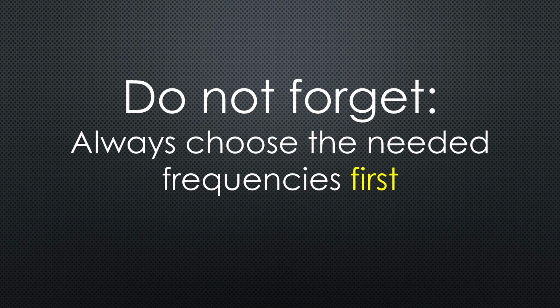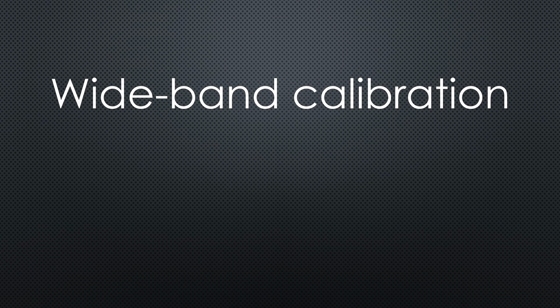You probably remember, I said you would see these 3 points over and over. Now you know why. We have to calibrate the instrument every time we change the frequency range. You might say, why not do a wideband calibration at the beginning? Then the instrument should know its calibrations at each frequency.